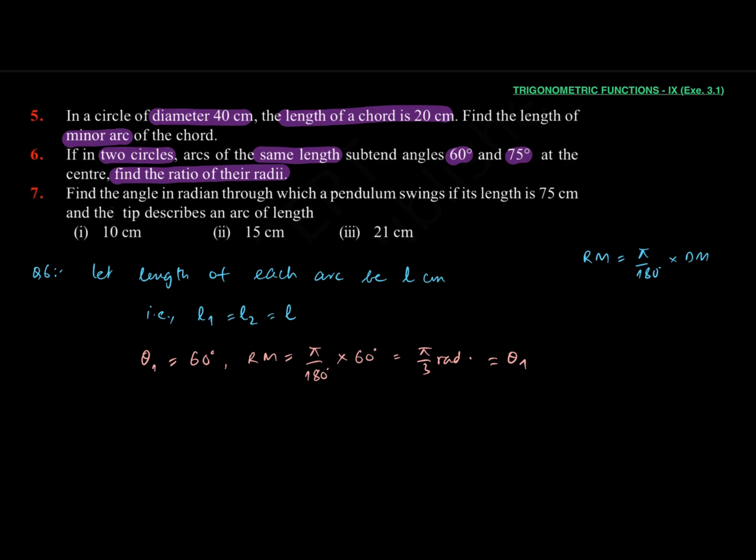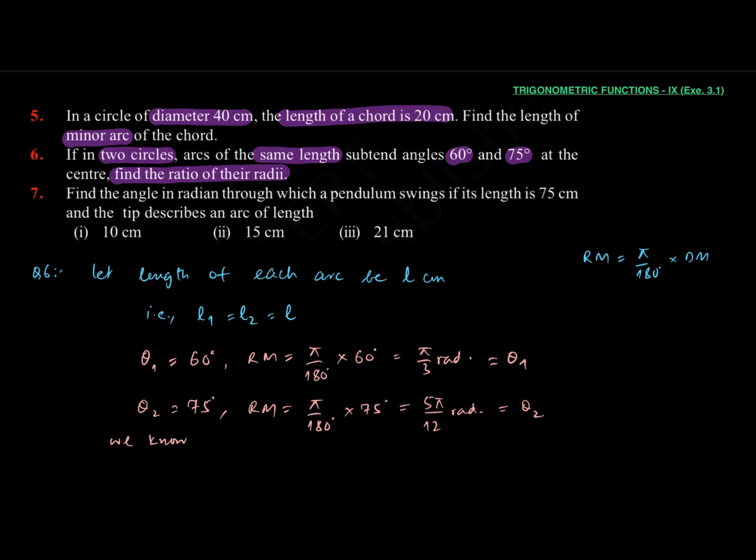And this is our theta 1 in terms of radians. Similarly, theta 2 is the angle subtended at the center by arc of second circle. It is equal to 75 degree. Now in radian measure, again it will be equal to pi over 180 times 75. This will be equal to 5 pi over 12 radians, and this will be our theta 2.